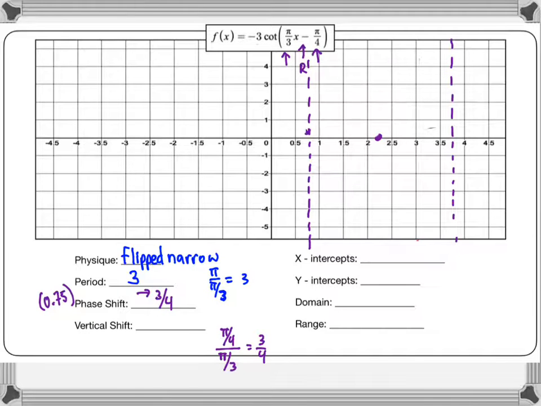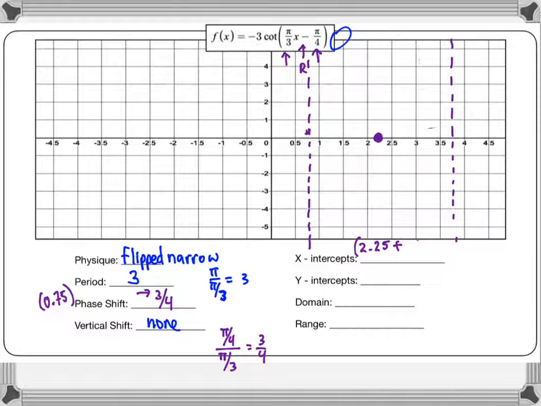The vertical shift, again, there's nothing going on back there, so there's going to be none. Okay, x-intercepts. The first positive x-intercept looks like it's going to be right here, and that is going to be at 2.25. So we got 2.25 plus, and then it's just going to be the period in between those.